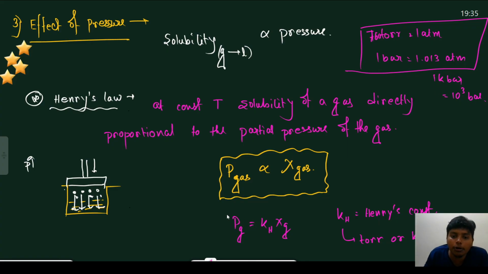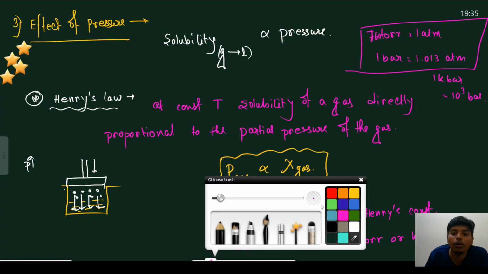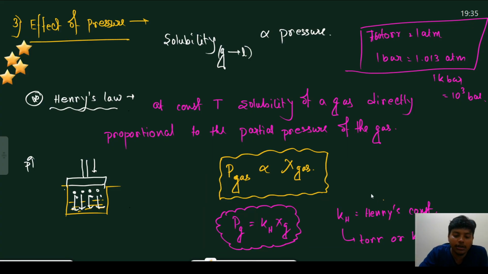Understood this thing? So what is the formula? Partial pressure of the gas is equal to Henry's constant into mole fraction of the gas. Clear or not? Yes, sir. All of you have mathematics, right?